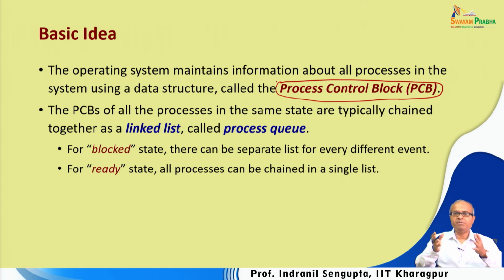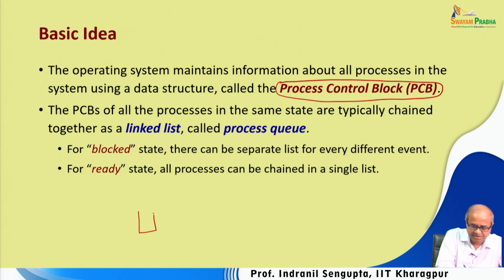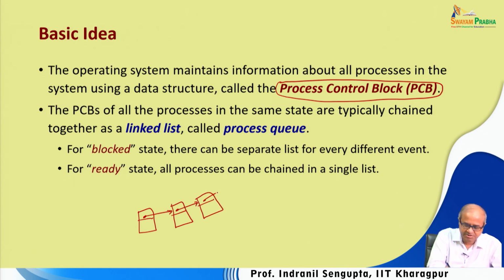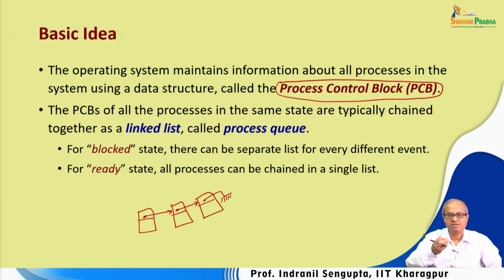Now, we shall see that the processes can be in various states like the ready state, running state, blocked state and so on. Multiple processes which are in the same state are typically chained together in the form of a linked list. For example, the PCB of one process will be linked to the PCB of the next process, which will be linked to the PCB of the next process. In this way, the last process will have null stored as the next pointer.